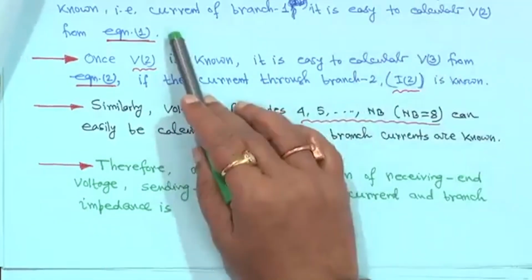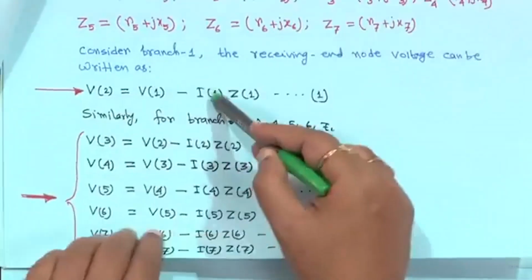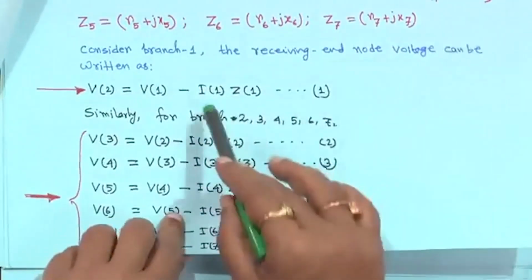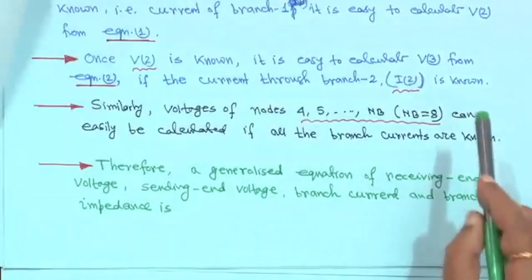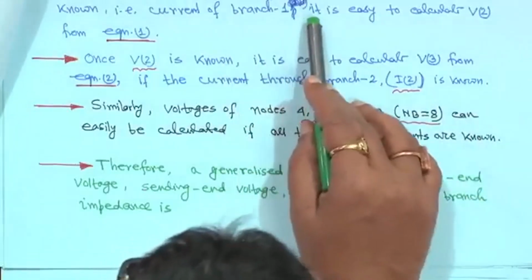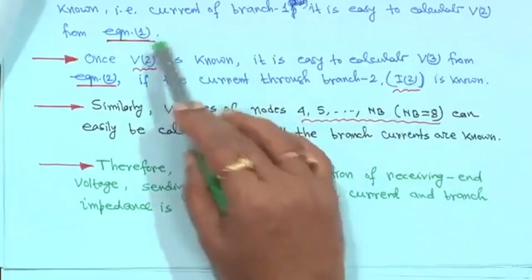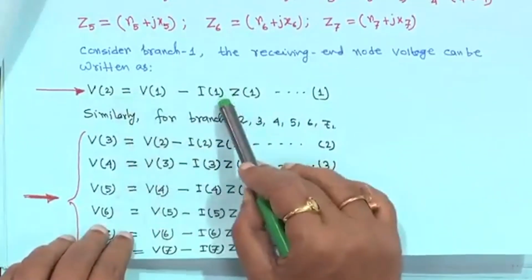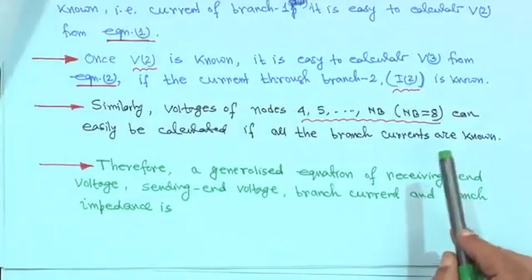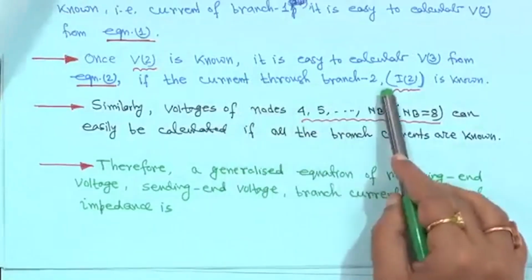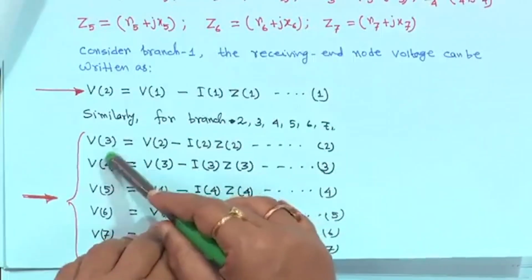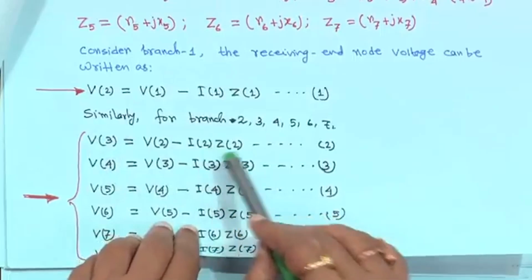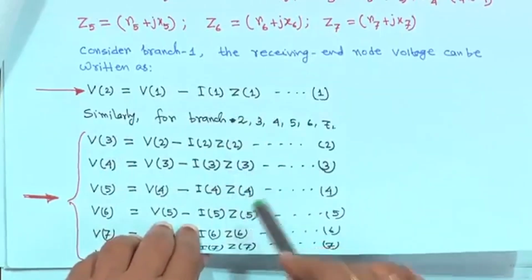If I1 is known, that is the current of branch 1, it is easy to compute V2 from equation 1. Similarly, if V2 is known, it is easy to calculate V3 if I2 is known, because the impedances are known.